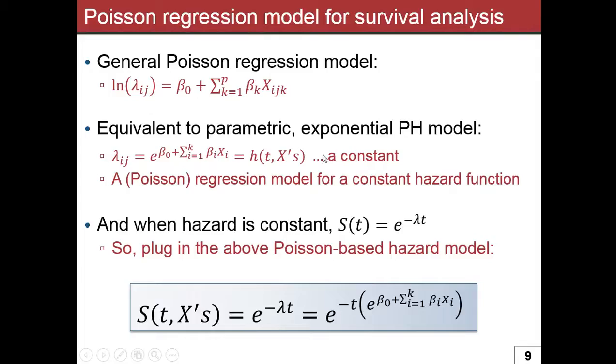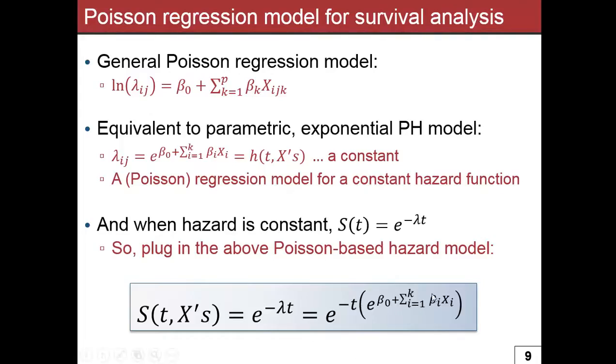So this is the same Poisson model, but we're just going to think of it as a survival model for now. We've already said that the relationship is S of t equals e to the minus lambda t when you have a constant hazard. So whatever we get out of our Poisson regression, which solves for the coefficients that let us estimate lambda, you can plug in here. And you get this nice little equation, e to the minus t times e to the linear function. You're going up 2 levels of the staircase here, 2 exponents up.